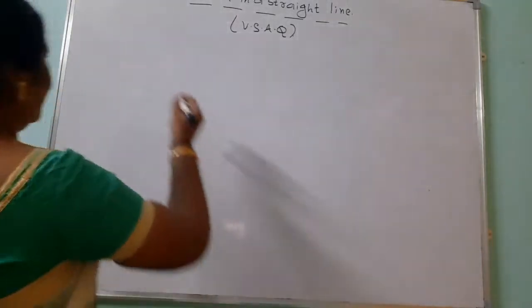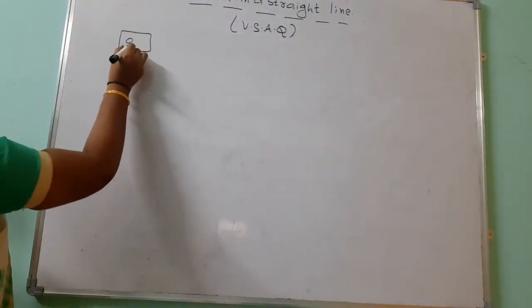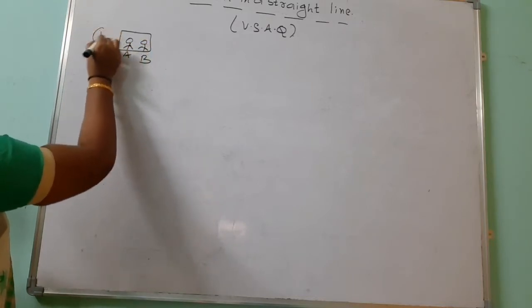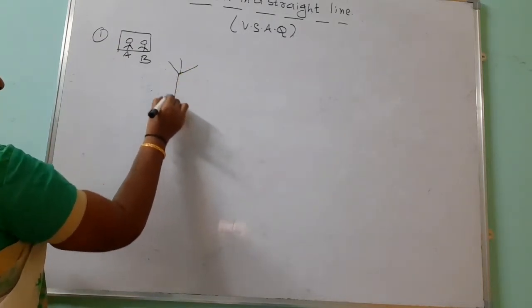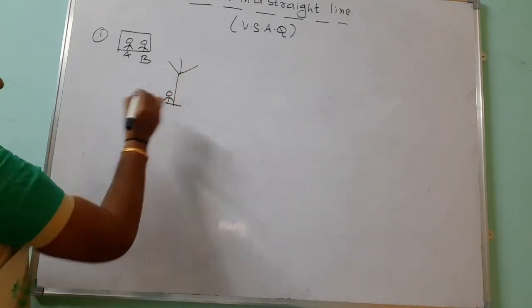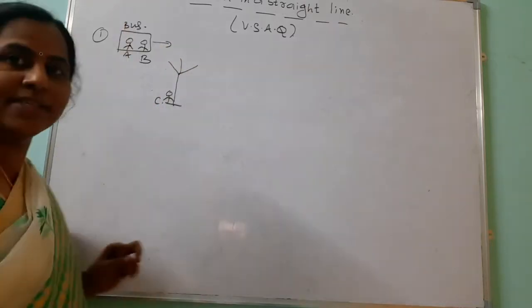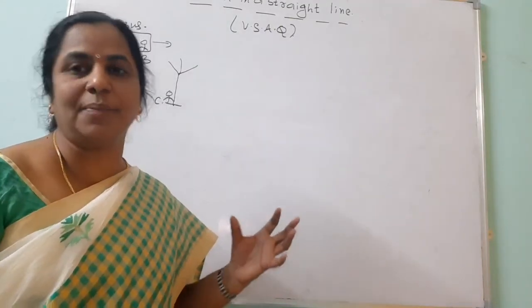Suppose two friends are there in a bus. This is A and this is B. One tree is there, and here the friend is C. Now the bus is in a moving condition. A and B both were occupying their places.